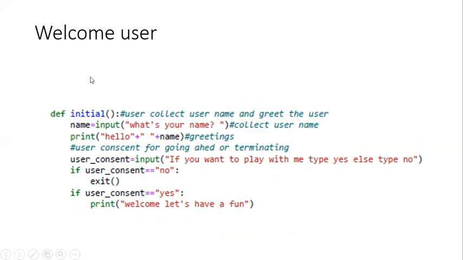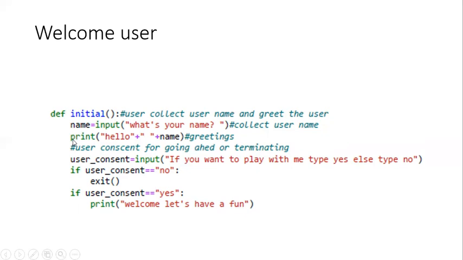So for developing the game, I have divided this complete game into separate parts. I derived them under a user-defined definition block. This def is a keyword through which we can define functions.